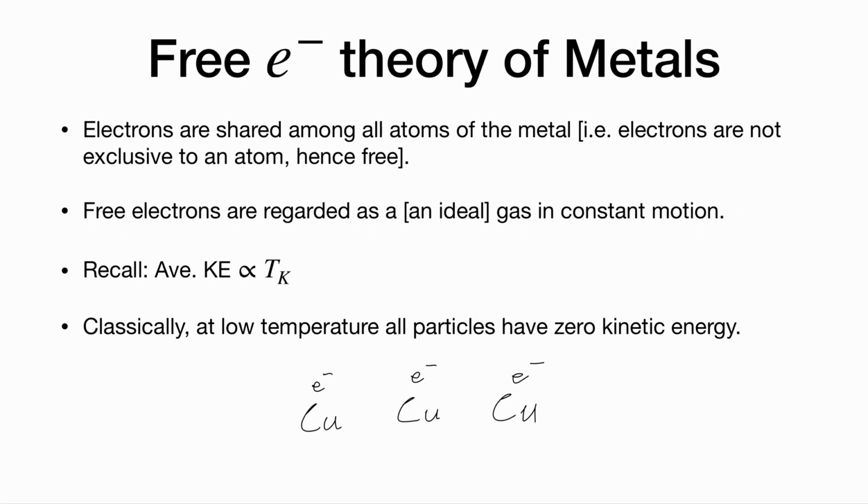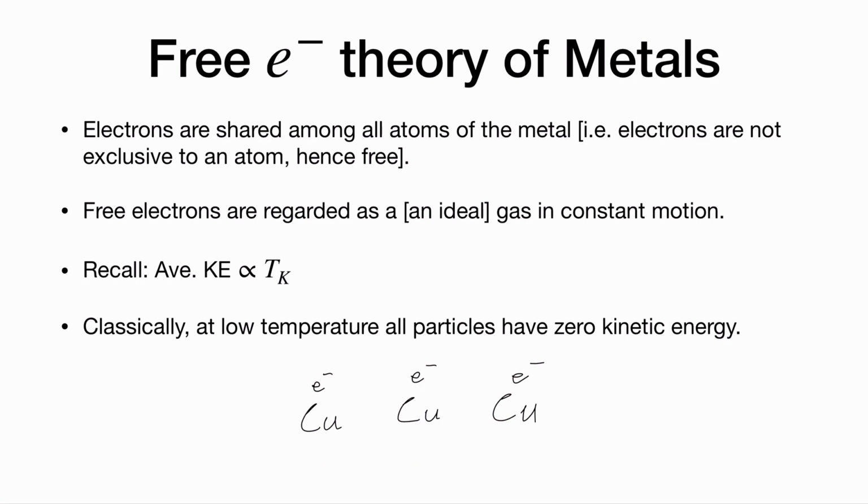But all three electrons belong to all three copper atoms. This allows us to treat these electrons as though they were a gas that is all the time in motion. We could treat the electrons belonging to these three copper atoms as a gas that's floating around, constantly in motion, because these electrons don't have a sense of belonging to either atom, they just belong to all the atoms.